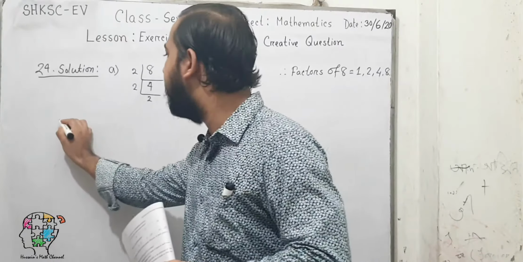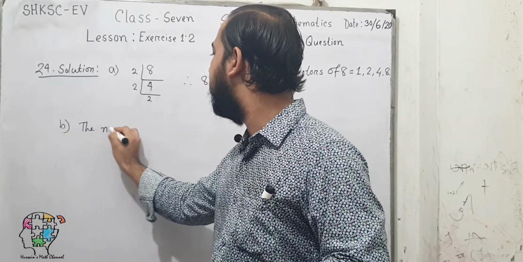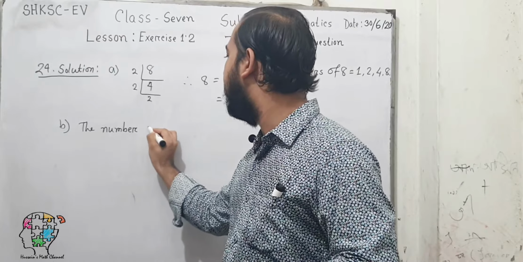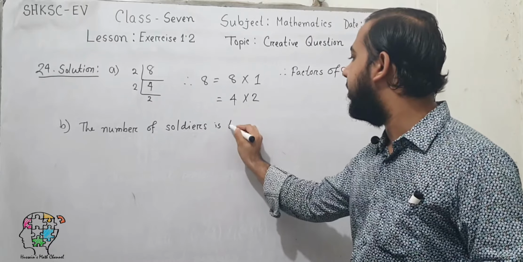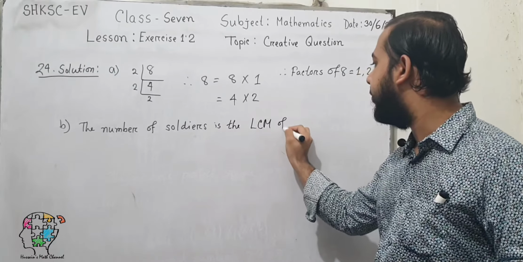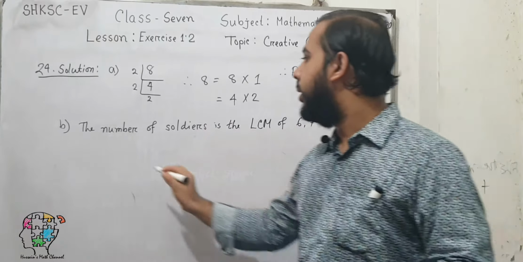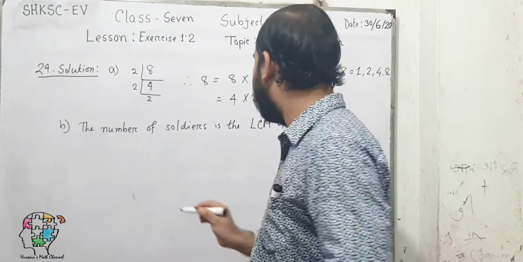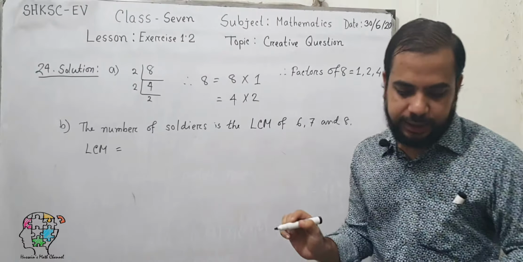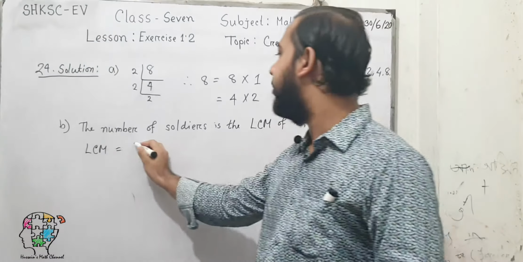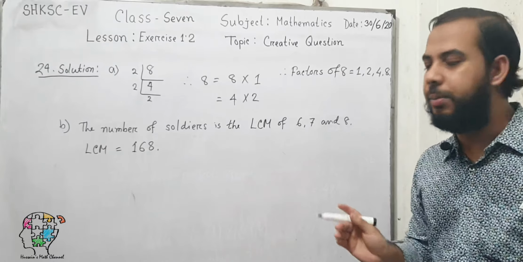The number of soldiers is the LCM of 6, 7 and 8. Therefore the LCM of 6, 7 and 8 is 168, which will be the number of troops, which is not a perfect square number.